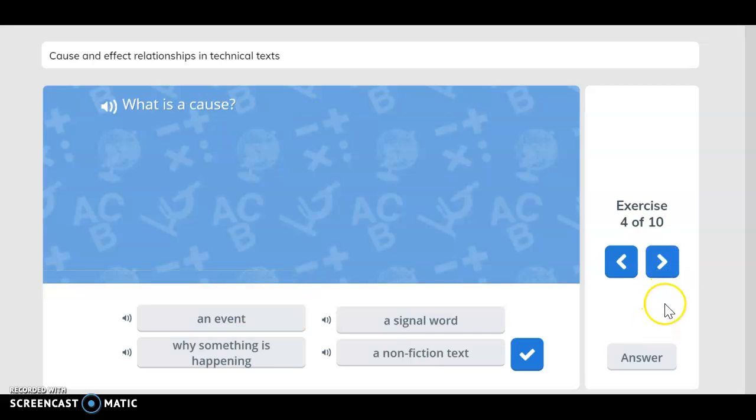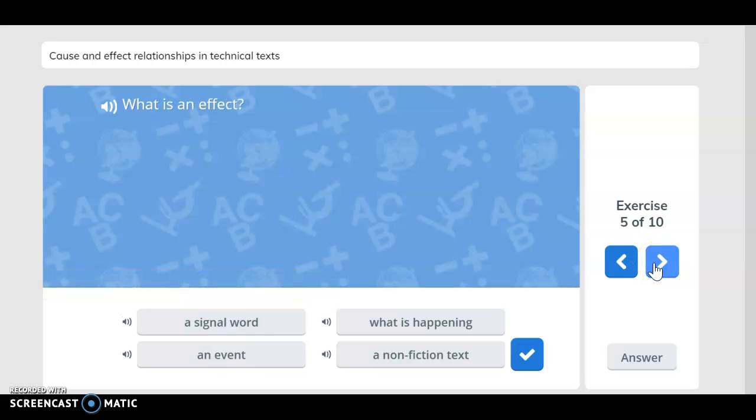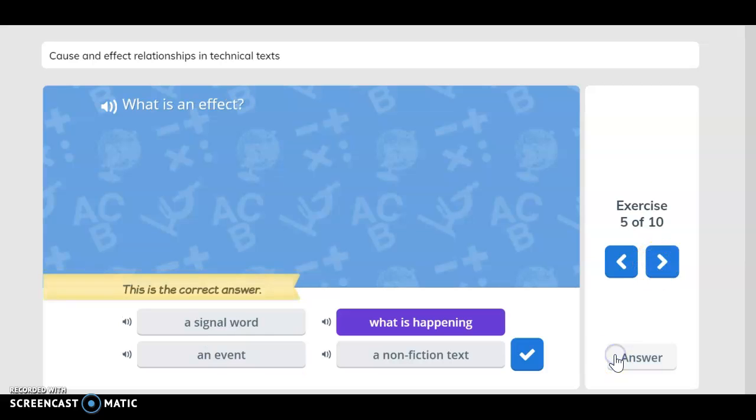What is a cause? A cause is why something is happening. So if you said that, you are correct. What is an effect? If you said what is happening, you are correct.